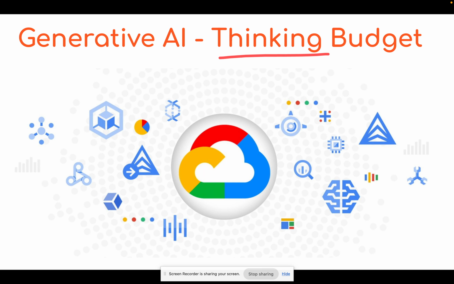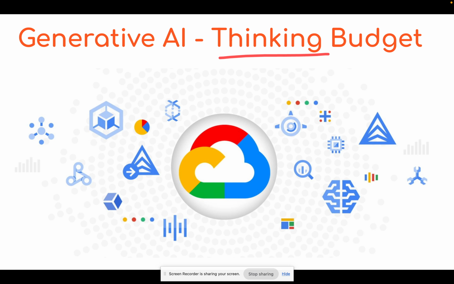But all I wanted you to understand from here is that by default, this thinking feature is already available whenever you use the model. Because of this, the billing amount will be more, because it thinks first and then generates the content.